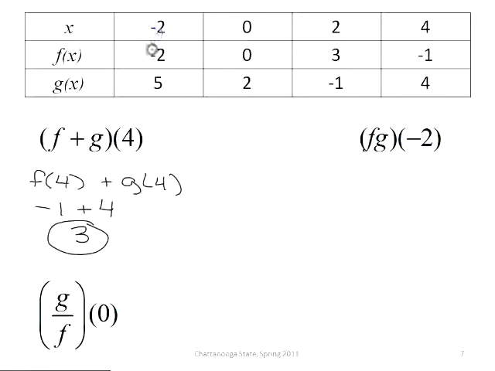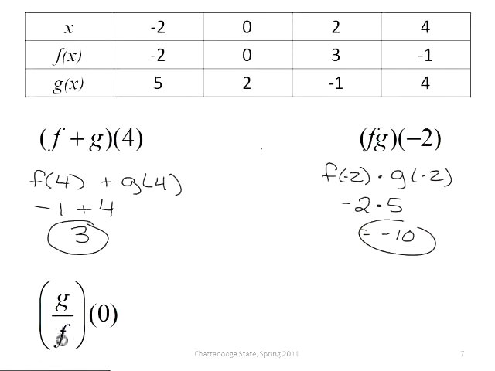Now I want to find f times g of -2. So if x is -2, my f of -2 times my g of -2 would give me the -2 here times the 5 here. So that would be -10.